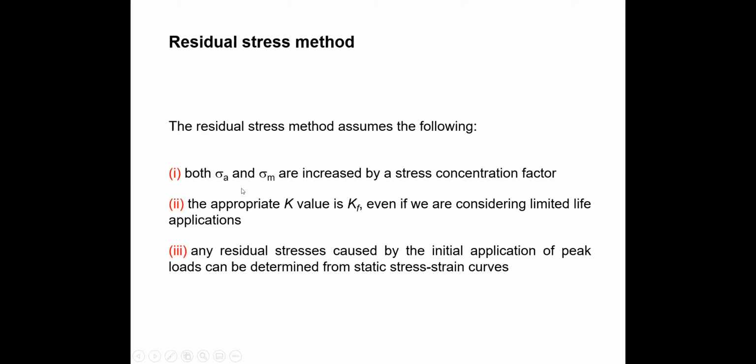So you need to multiply sigma a, the alternating stress, and the mean stress using the fatigue stress concentration factor. The appropriate K value is Kf, even if we are considering a limited life application. Any residual stress caused by the initial application of peak load can be determined from static stress-strain curves.